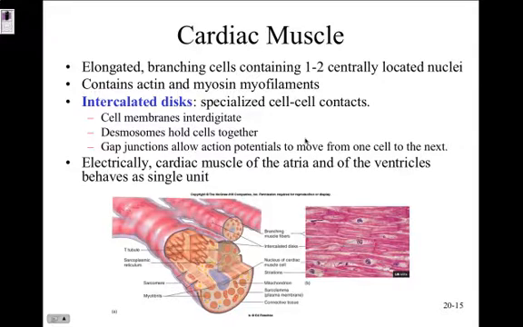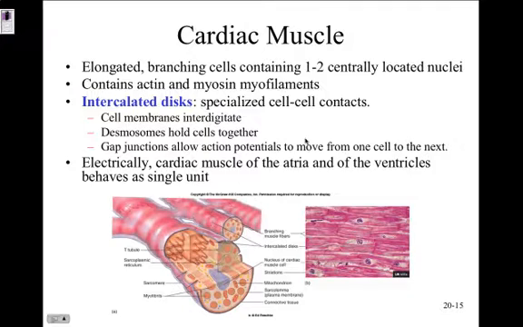Cardiac muscle, we've looked at it briefly in the muscular system. The cells are elongated and cylindrical, but they're branching. So they look kind of like skeletal muscle cells, but they branch off. What's special about them is they have these intercalated discs, which are specialized cell-to-cell contacts.